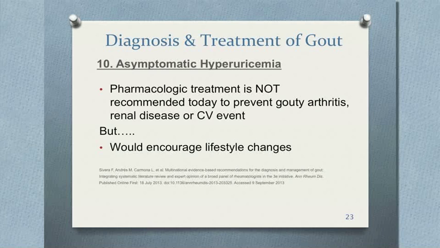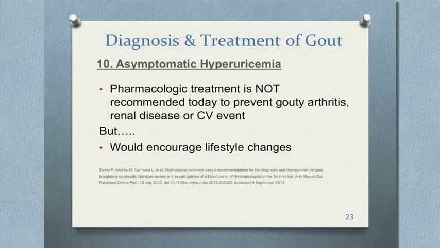One of the biggest areas of research right now is what to do about asymptomatic hyperuricemia. It's very interesting that a large number of people who have hyperuricemia do not have gout.